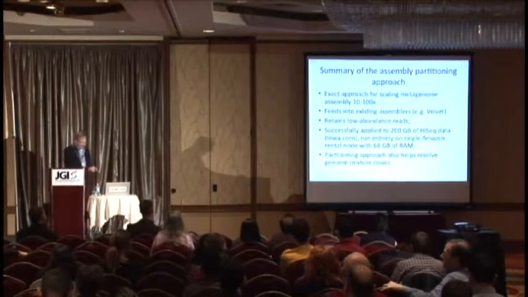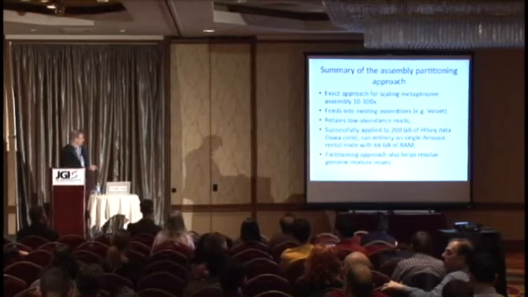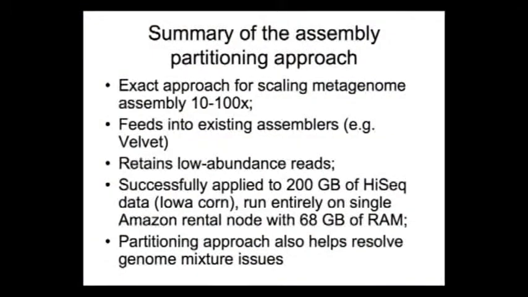So summary of the assembly partitioning approach is this. The exact approach for scaling the metagenome assembly would work at the 10 to 100x scale, feeds into the existing assemblers, particularly Velvet, retains low abundance reads, so nothing is thrown out if there is a single match.